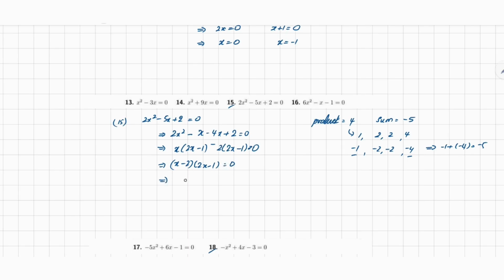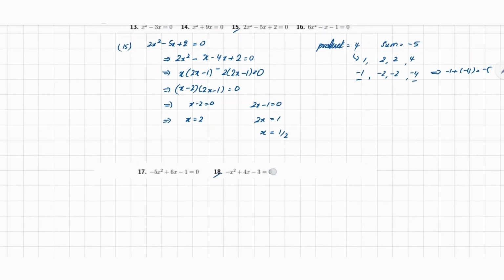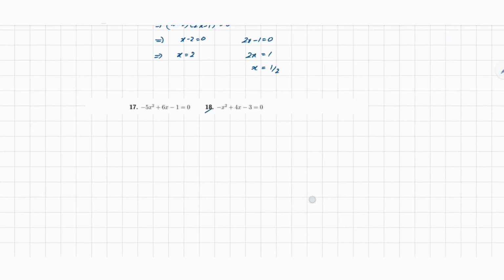We can equate each of the factors to 0, and we get x minus 2 equals 0 and 2x minus 1 equals 0. That gives us x equals 2 by adding 2 to the other side. And over here we can add 1 to both sides, and we get 2x equals 1. And we can divide throughout the equation by 2, and we get x equals 1 over 2. And they are the roots of our question.